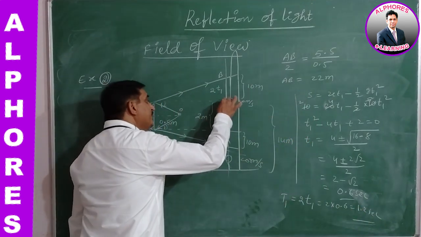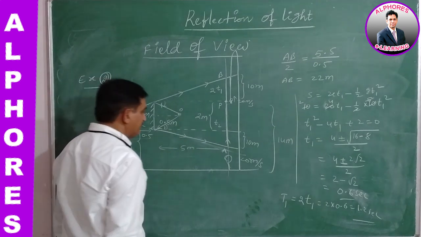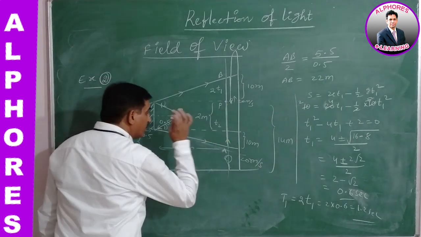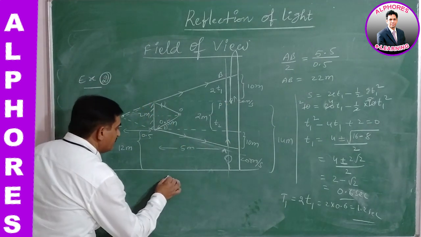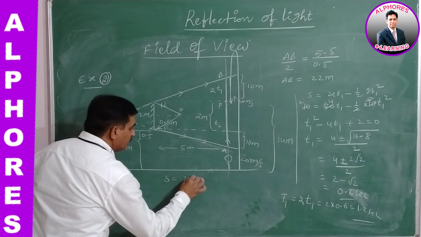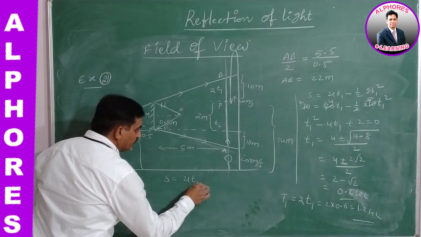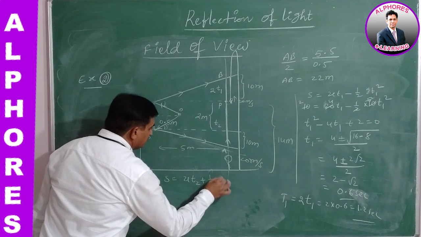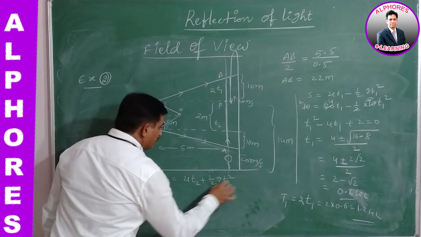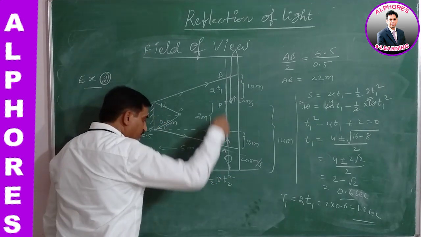And from P to A, what is the time taken? P to A is downward motion. Again use S is equal to U T2 plus half G T2 square. Why is it plus? Because it is downward motion.